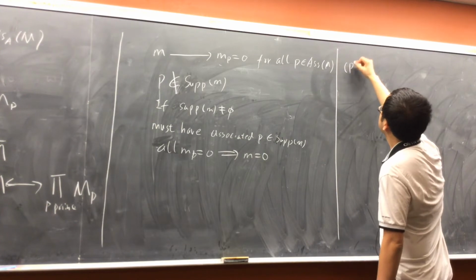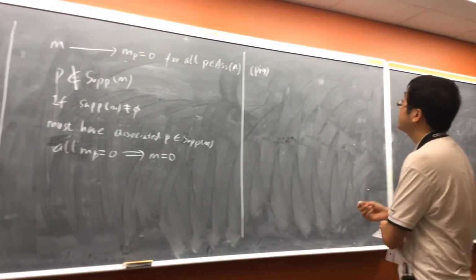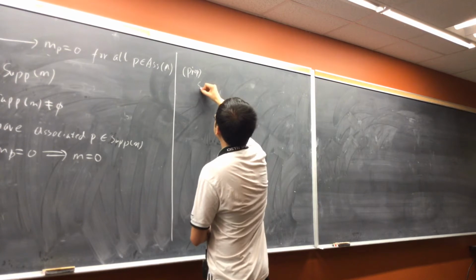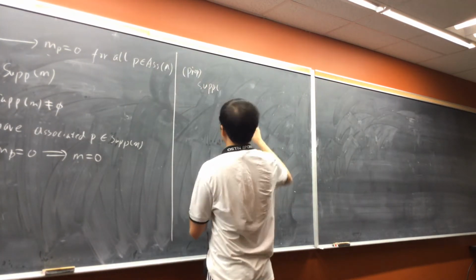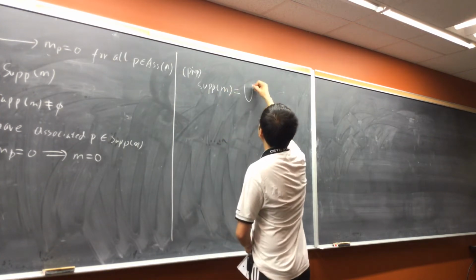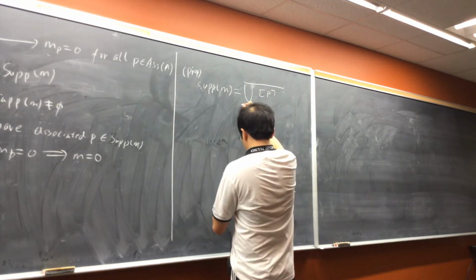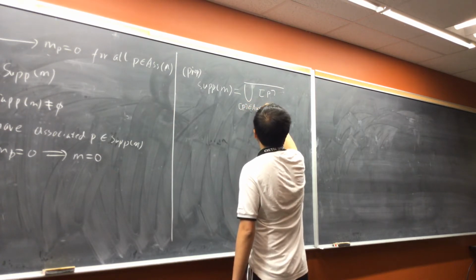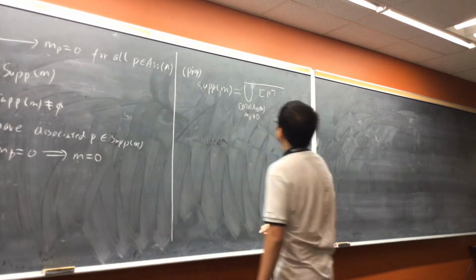Okay, the next one. The next property will give another characterization of the support of M. So say that the support of M equals the union of associated points.